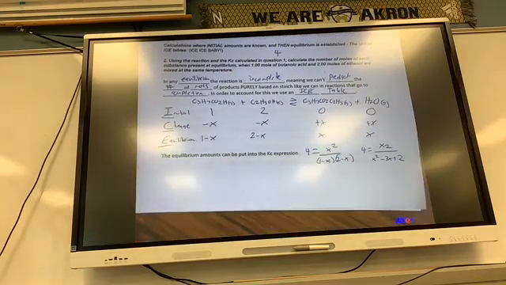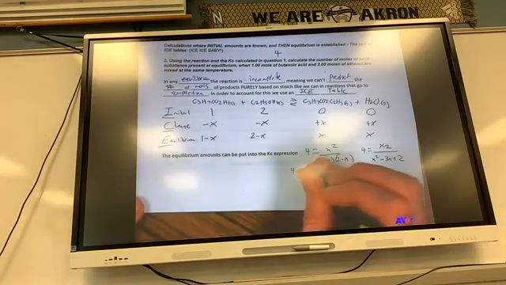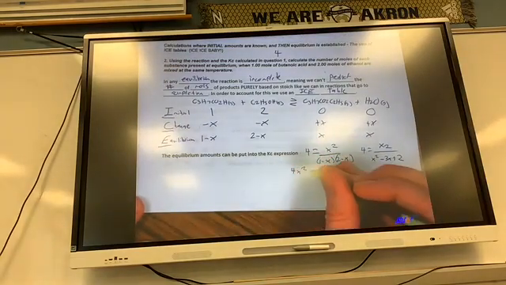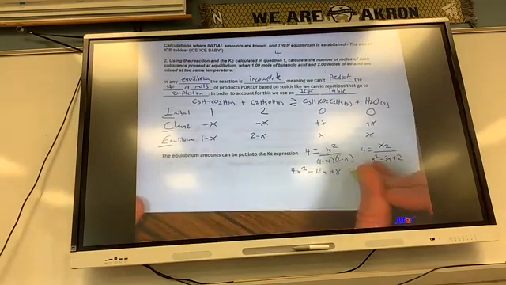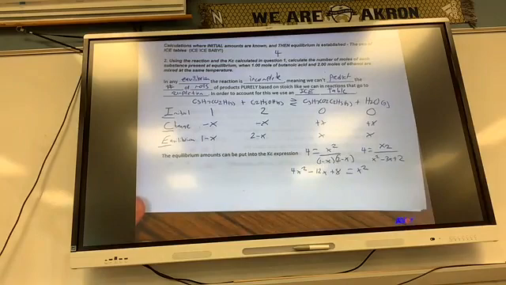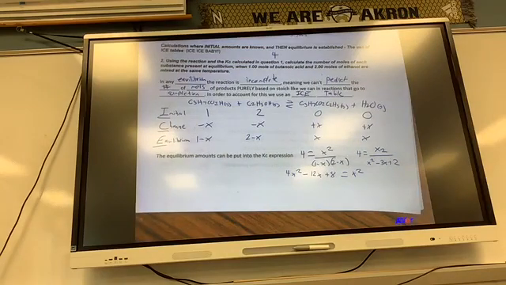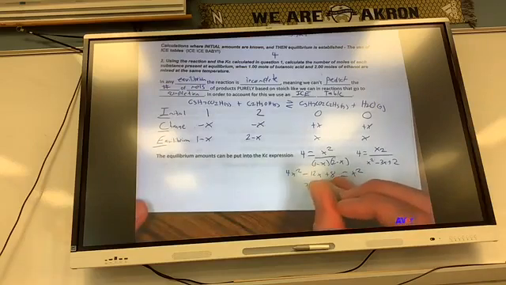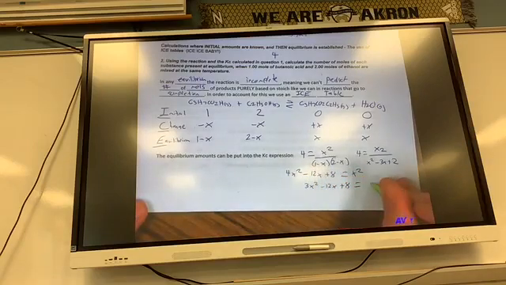When I multiply, that means 4x squared minus 12x plus 8 equals x squared. Subtract x squared, and you end up with 3x squared minus 12x plus 8 equals 0.